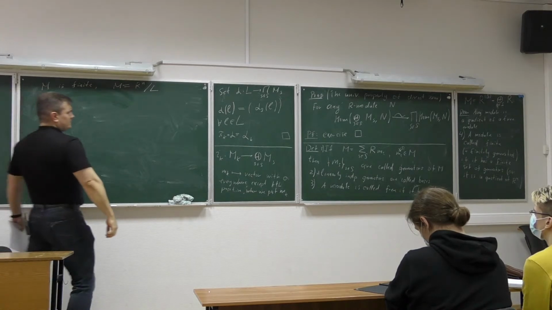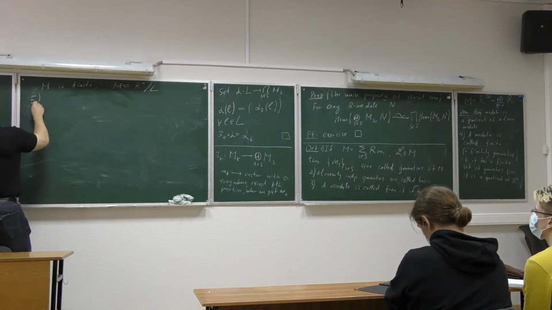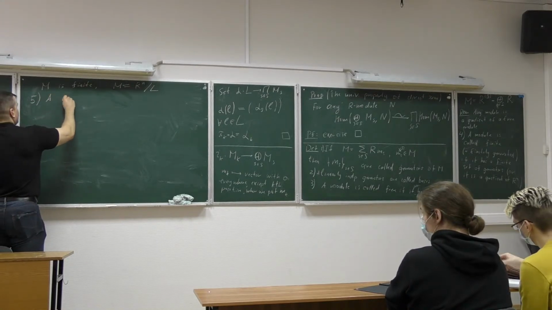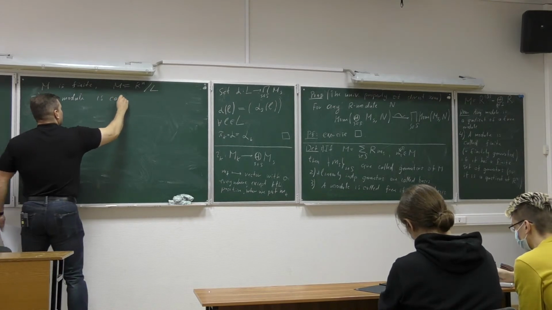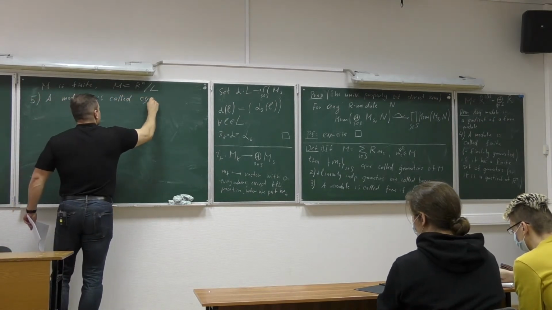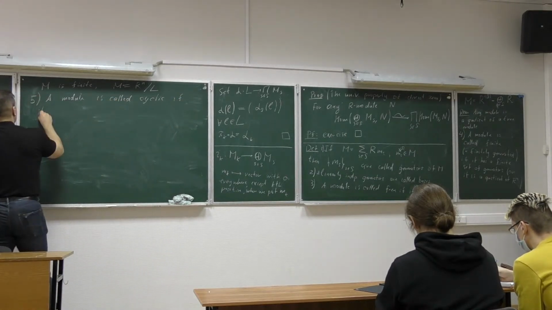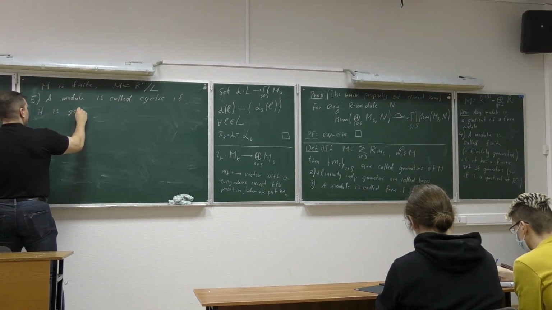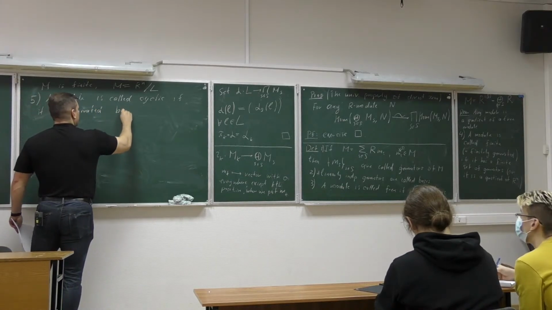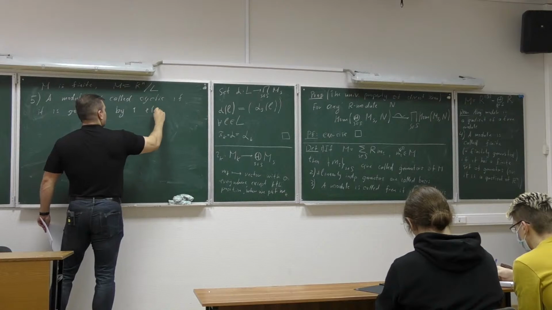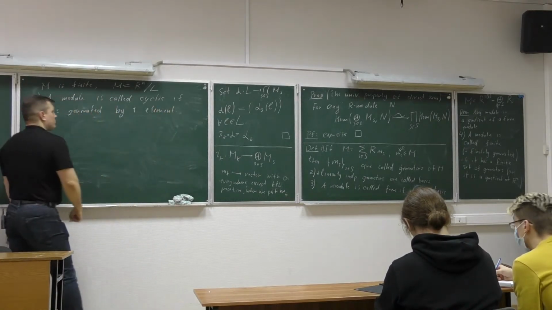Now, the last part of the definition: a module is called cyclic if it is generated by one element, exactly as for cyclic groups.